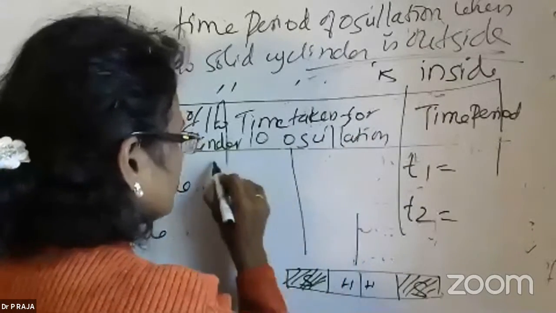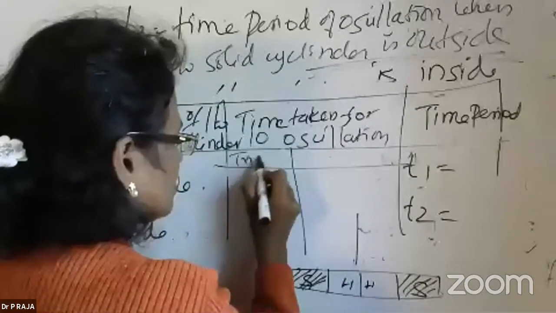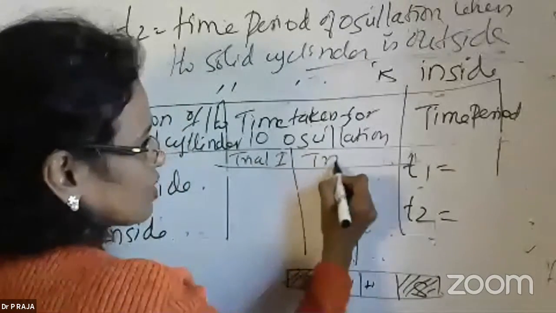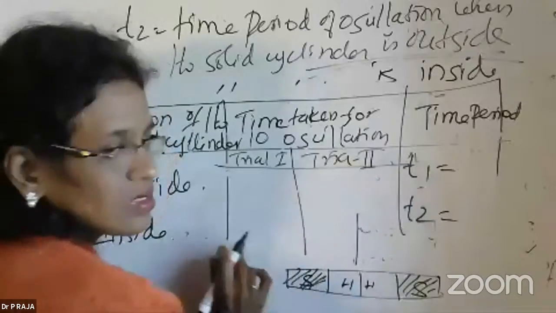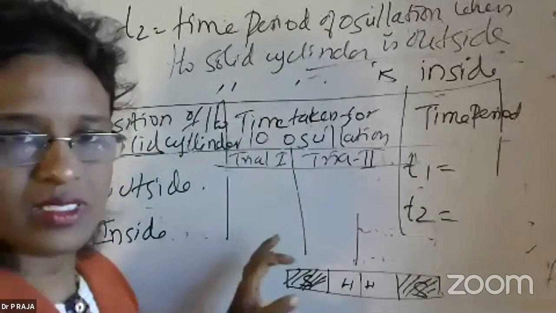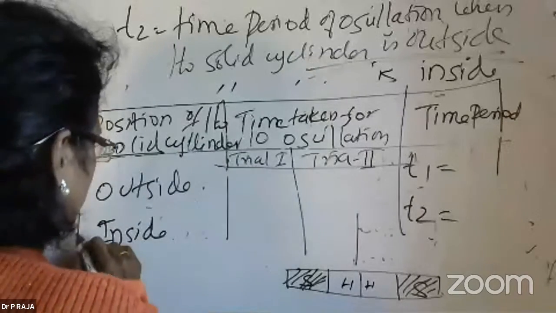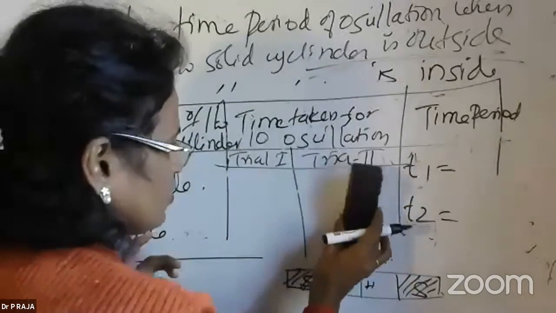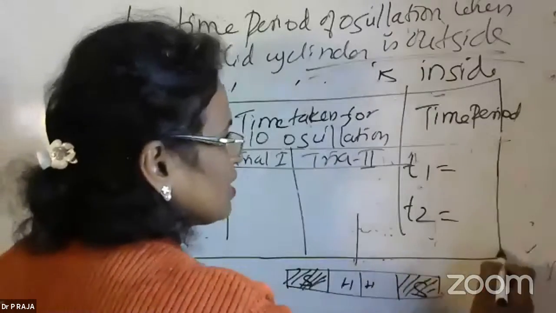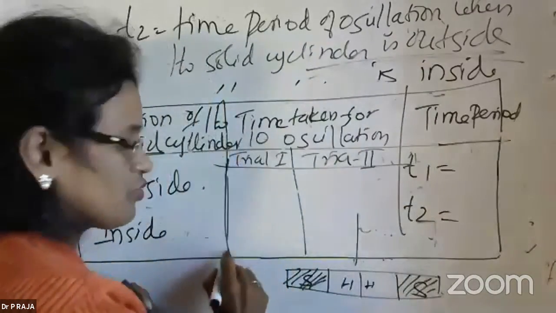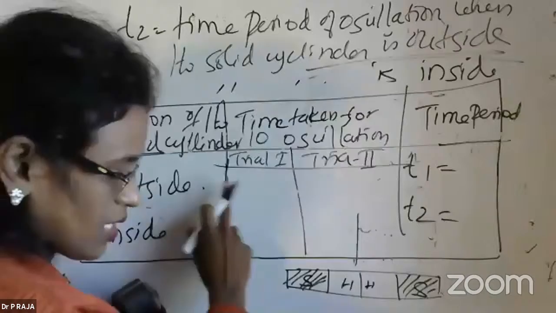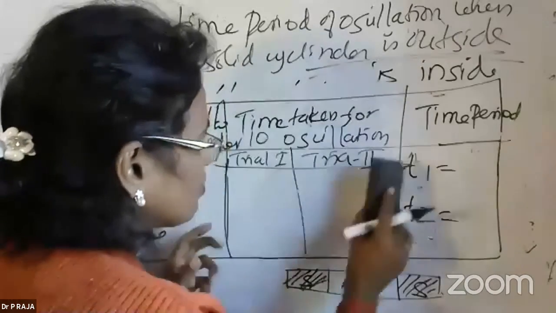You will do trial 1 and trial 2. So draw this tabular column in your notebook. Different people have their own way of drawing a tabular column, but we follow this one. Watch the video for the experiment, but draw this tabular column which we follow. Trial 1, trial 2, and then the mean.